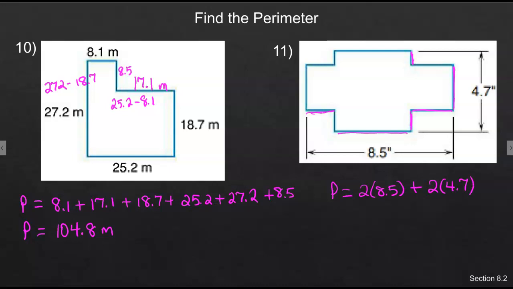So I actually have the opposite sides that are the same. I get 17 plus 9.4. And my perimeter is 26.4 inches.